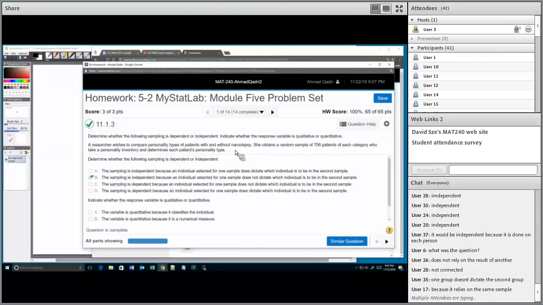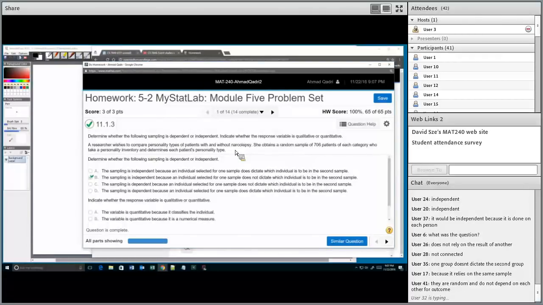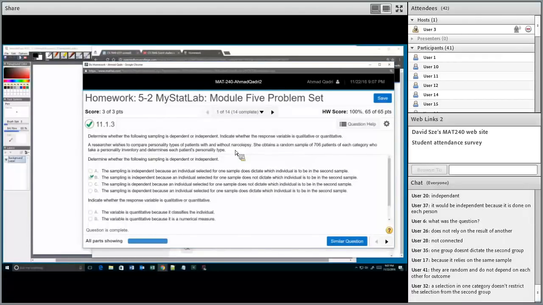Say I select the first patient out of the 706 patients, and I assign them to, say, group one. So there are two groups. I assign that first person to group one. Now I take the second patient. You can appreciate that the assignment of the first patient will have absolutely no consequences on the assignment of this second patient.